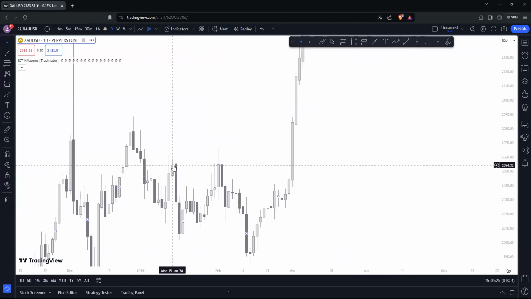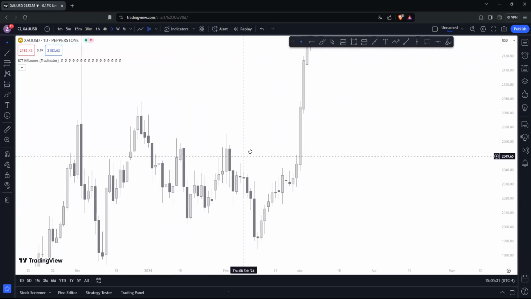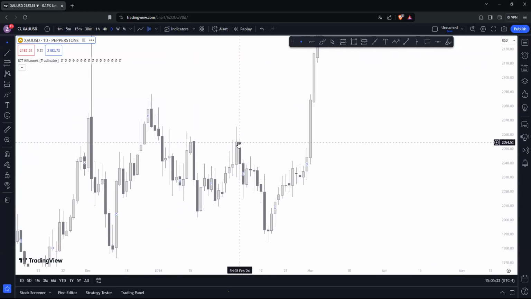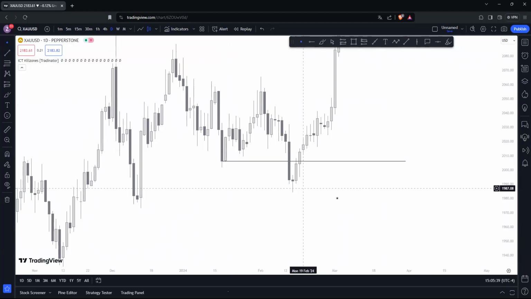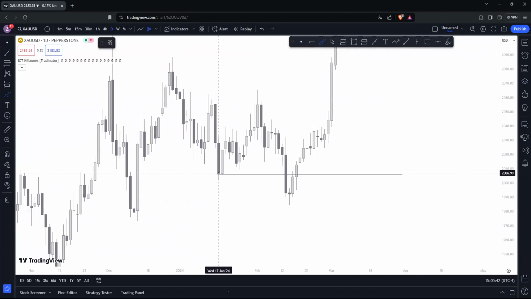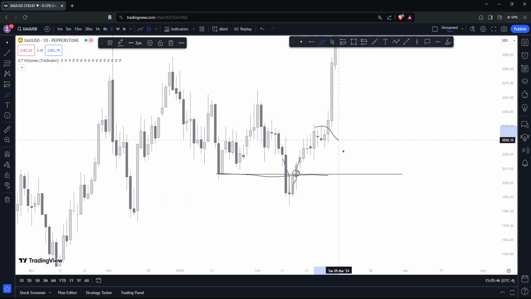This is when you have an A level that is quite hidden behind a bigger A level. An example right here: you have a V level that is before a bigger V level. So it gets broken twice, once here, twice there. So it becomes a QM in the future. If the price ever comes back, it will act as a QM.